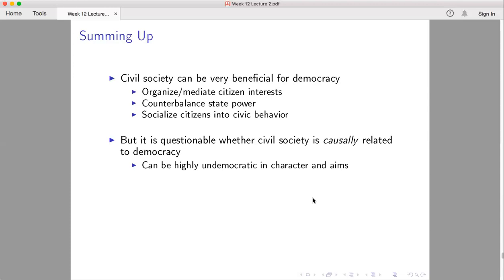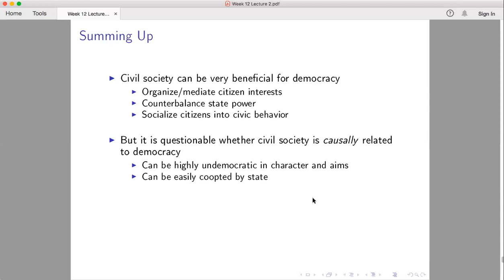Like we see with groups like the Ku Klux Klan, with neo-fascist groups, these groups don't tend to promote the values that we think accord with democracy. And they're often trying to exclude a group of people from the political system or from society, such that it wouldn't promote that kind of polyarchy inclusiveness that we're aiming for.